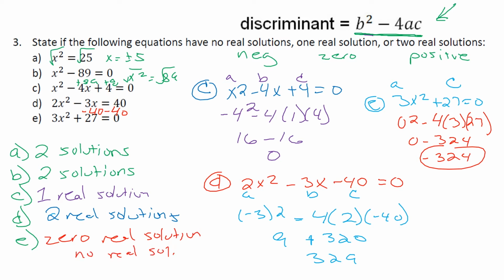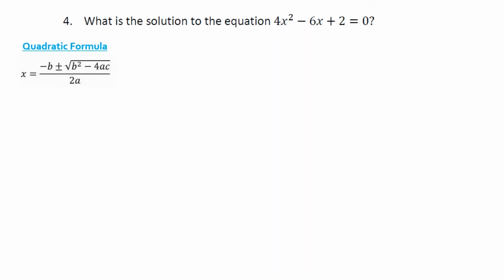All right, so let us move on. Number 4, it says, what is the solution of the equation? We could solve this by factoring, or we could solve this using the quadratic formula. I'm actually going to review different methods here, so you can see I have the quadratic formula here. So A, B, and C. So let's just plug it in.